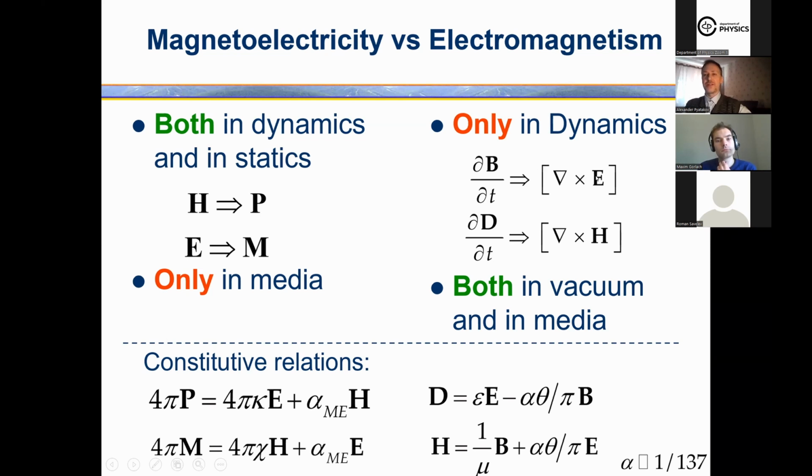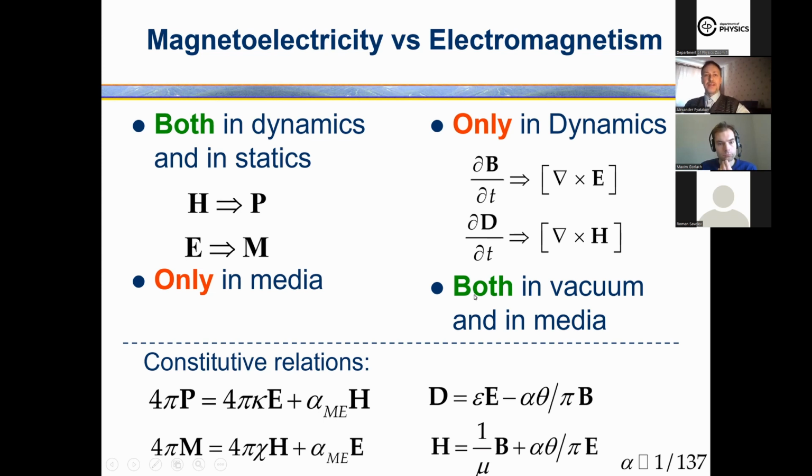Conventional electrodynamics gives us the dynamical transformation of the magnetic vector to an inhomogeneous electric field, and the dynamical transformation of electric vectors to an inhomogeneous magnetic field.